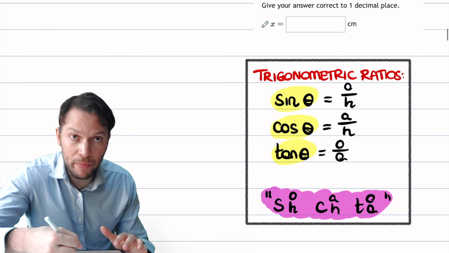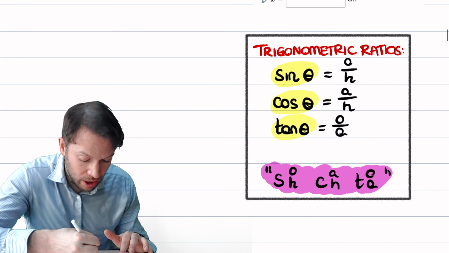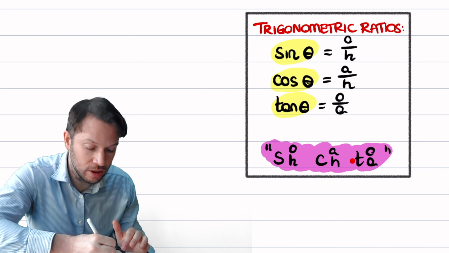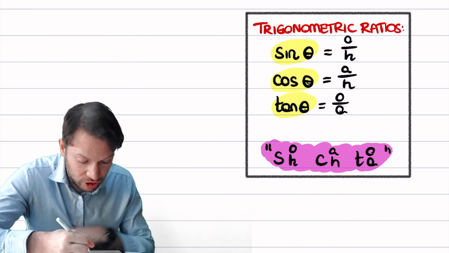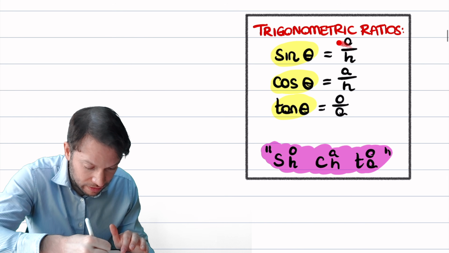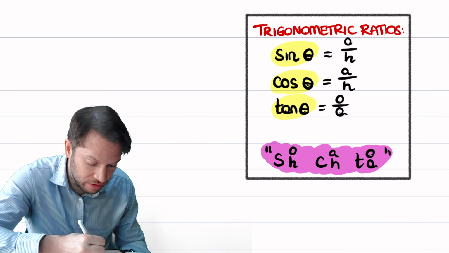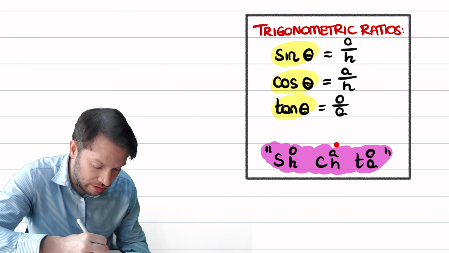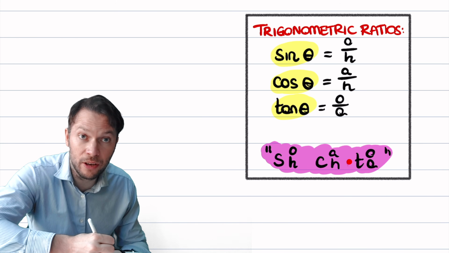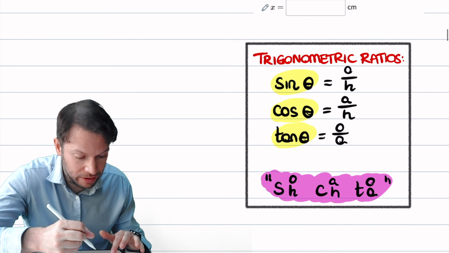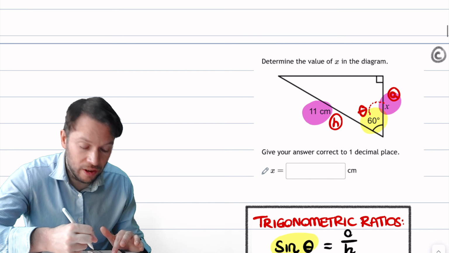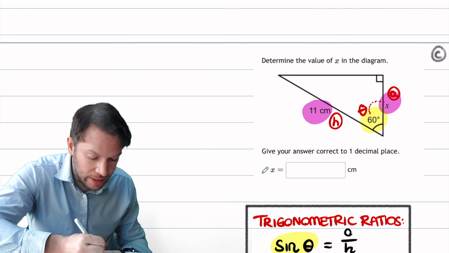The way we can remember this is the mnemonic SOHCAHTOA. The sine of the angle is opposite over hypotenuse, cos of the angle is adjacent over hypotenuse, and tan of the angle is opposite over adjacent.